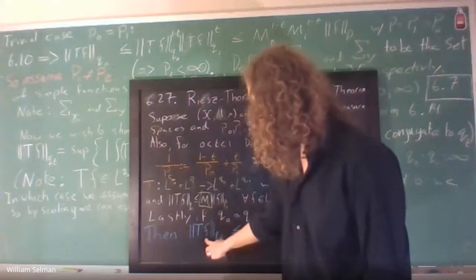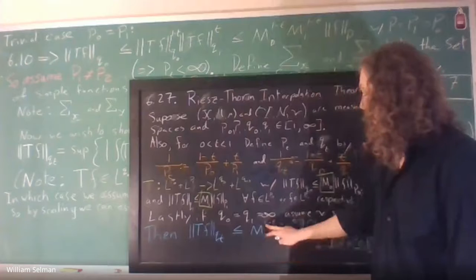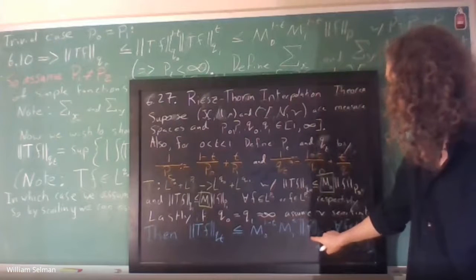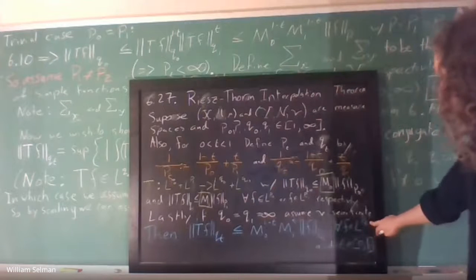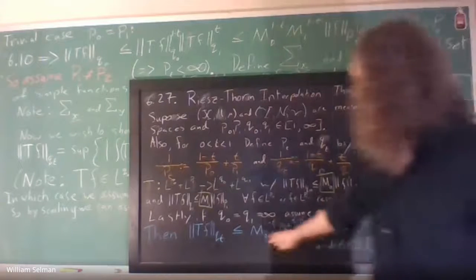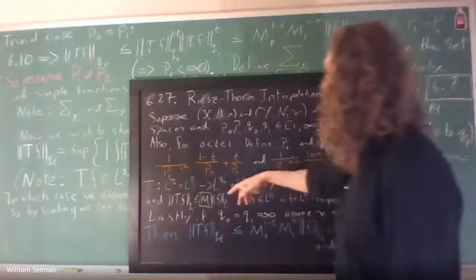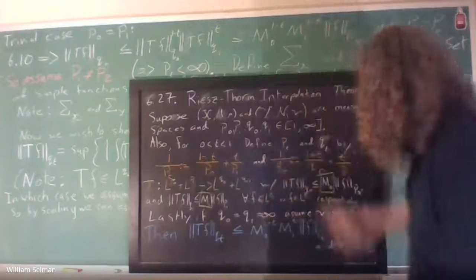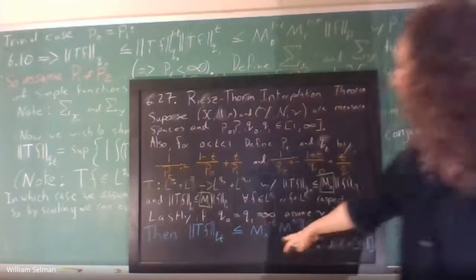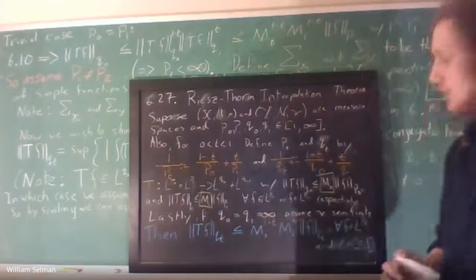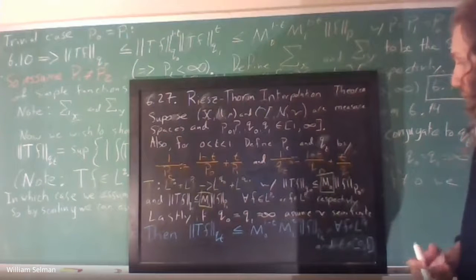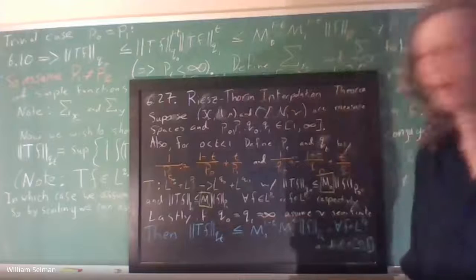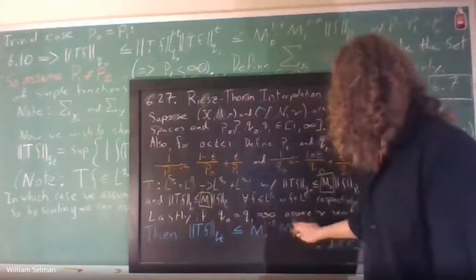the L^q_t norm of Tf is less than or equal to M0^(1 minus t) times M1^t times the L^p_t norm of f, for all f in L^p_t and for all t in (0,1). Now, intuitively, what we're seeing here is that as we shift from the (p0, q0) to the (p1, q1) using these definitions of p_t and q_t, the coefficients that are used in the bound on the function are going to shift with respect to that same kind of transition, where the 1 minus t and t are in the exponent.